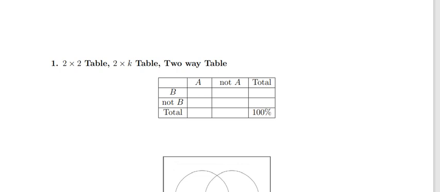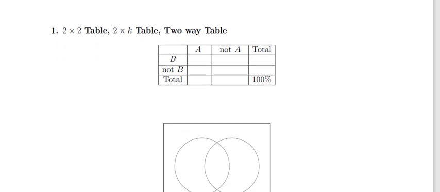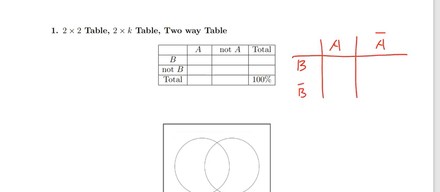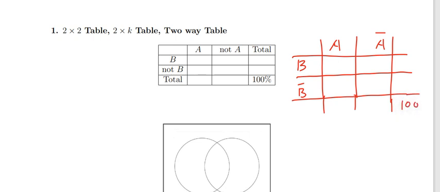Let's say we check A or not A. We just split on the factor A, so we have 2 parts, A or not A. And if we split on B or not B, we can have such a table, right? Suppose the total is 100%.